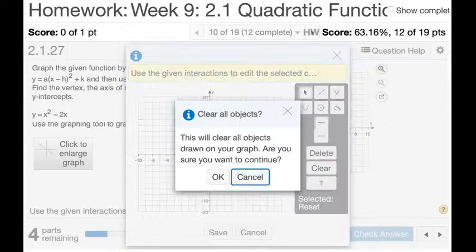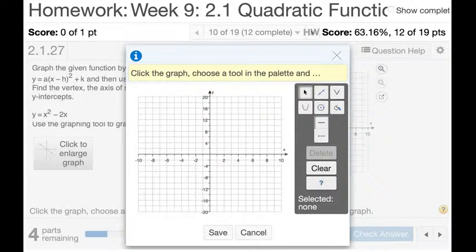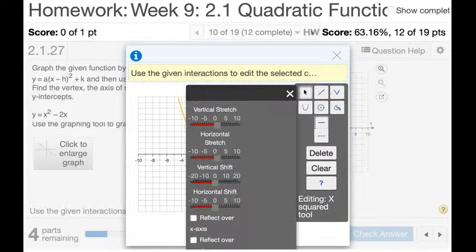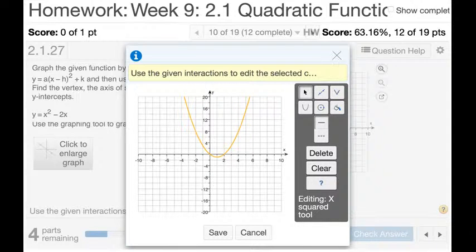Okay, so let's just click to plot. So now we just take the parabola. We said we go to the right. So horizontal shift to the right by 1, and we go down by 1. I think that was it. Right 1, down 1. Save and check.